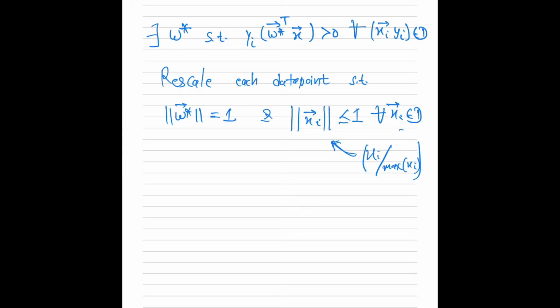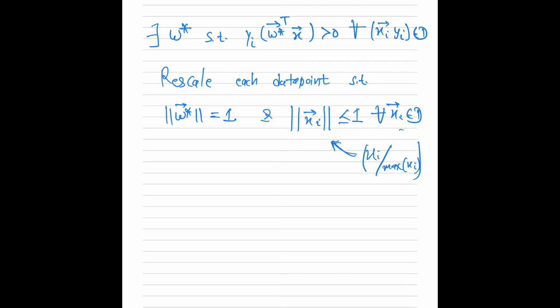Now what happens to w transpose w star after an update? How does w change? It can be shown that it becomes larger every time, but it is not a simple case of the magnitude of w increasing.